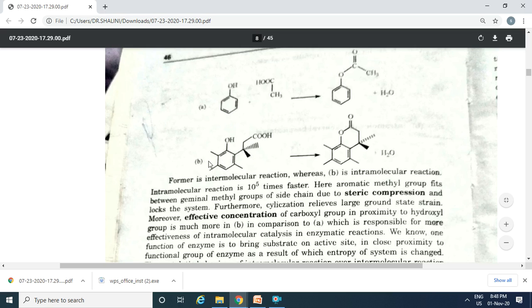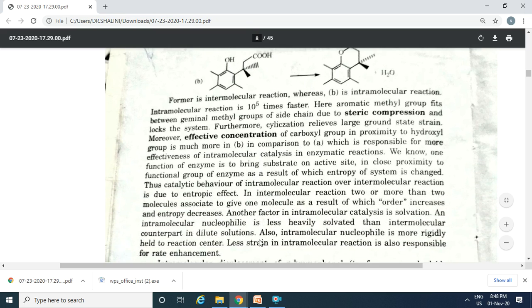These are the intermolecular reactions, and this is the intramolecular reaction. The carboxylic group within the molecule reacts with the OH group of the molecule. The steric compression is favored more.